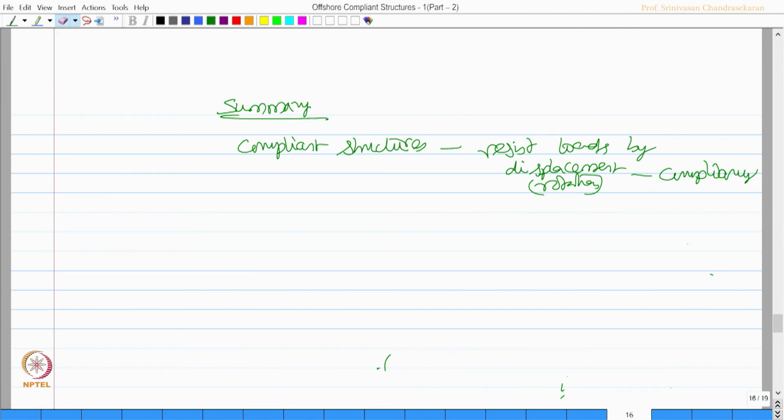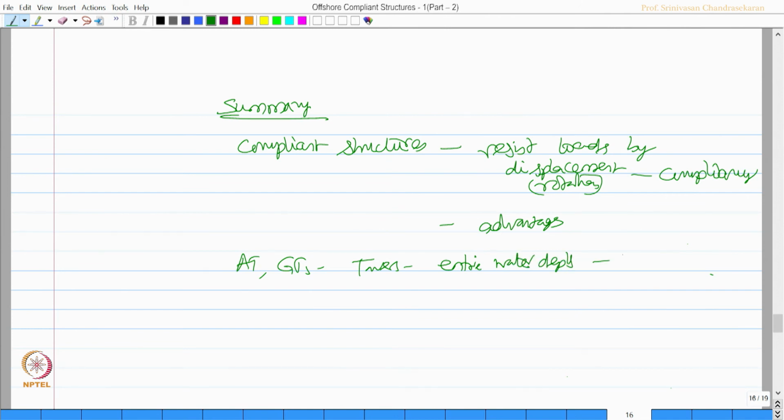This compliancy offers many advantages, but in case of ATs and GTs there are towers we need to extend for the entire water depth.